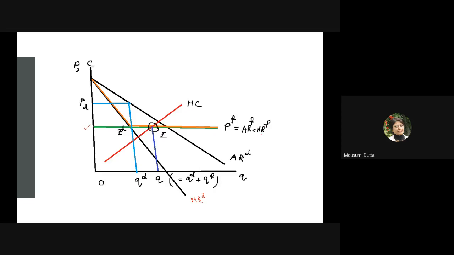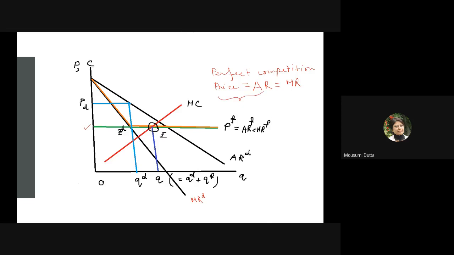And AR is exactly equal to MR. So P is equal to AR is equal to MR in the foreign market. I hope you learned this in the last semester. Under perfect competition, price is equal to AR is equal to MR.